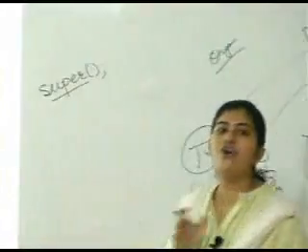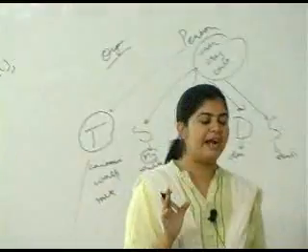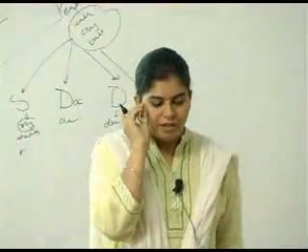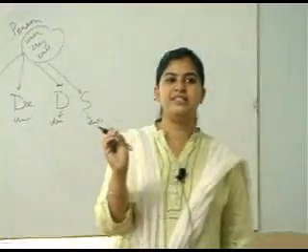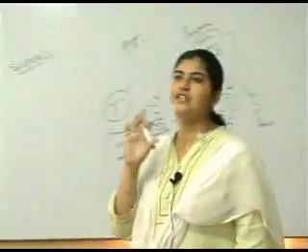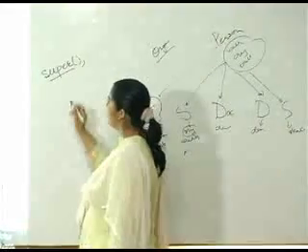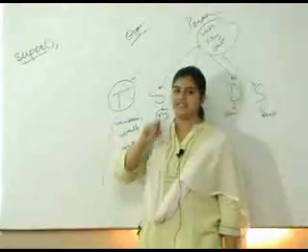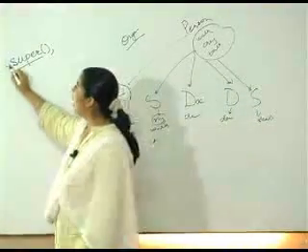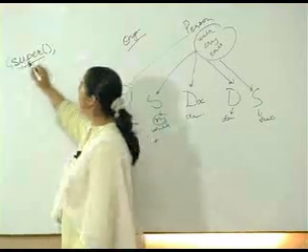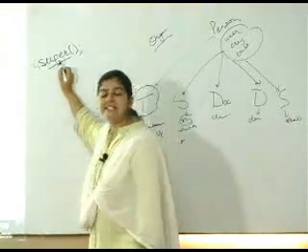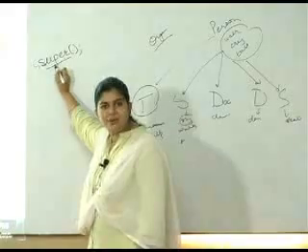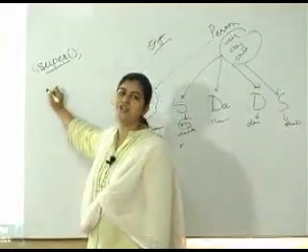You write it or you don't write it, it does not matter. But the body of the constructor says my first line would always be super empty parenthesis, which means whenever a derived class constructor is invoked, first of all I am going to call the base class constructor. The base class constructor is going to get executed, then I am going to get executed.